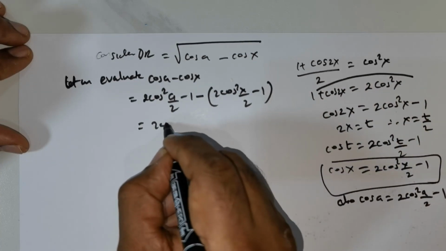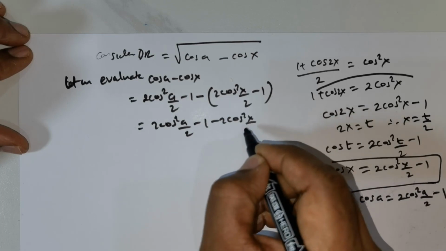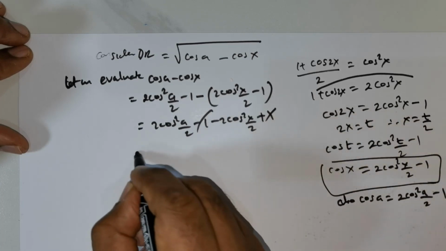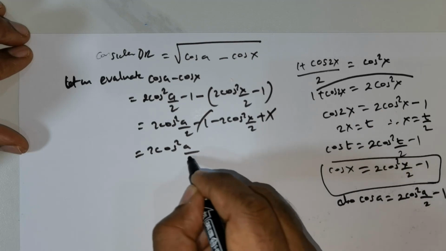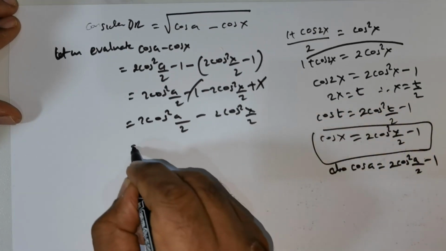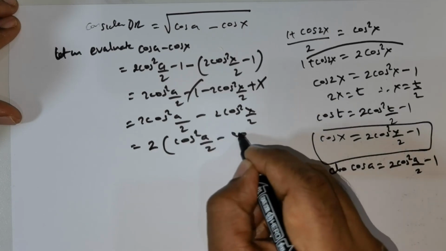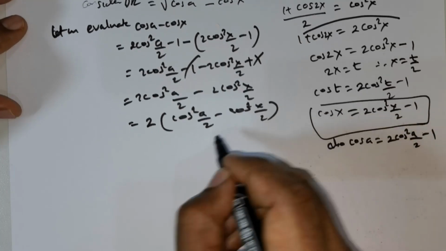This can be rewritten as 2 cos squared (a/2) - 1 - 2 cos squared (x/2) + 1. Positive 1 and negative 1 go off, giving me 2 cos squared (a/2) - 2 cos squared (x/2). I can take 2 out, so this is going to be 2 times (cos squared (a/2) - cos squared (x/2)).